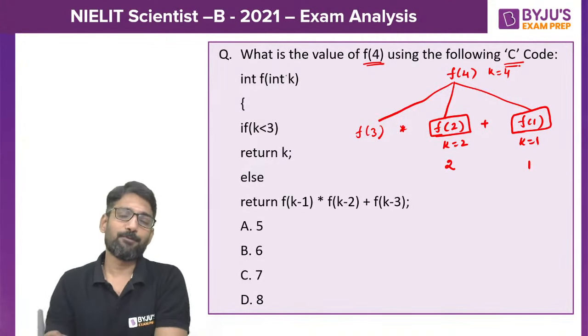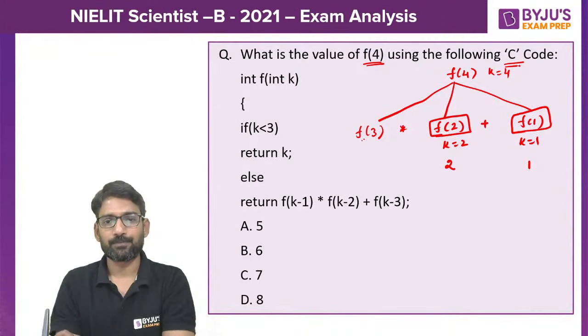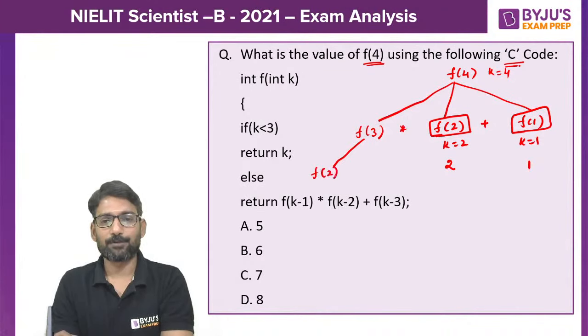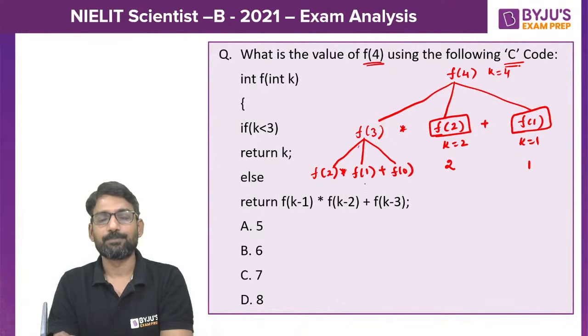And now f(3), if you find out, what is f(3)? Again, if is false, else gets executed, so it would be f(2) multiplied by f(1) added with f(0). So f(1) value would be 1, f(0) would be 0, and f(2) would be 2.